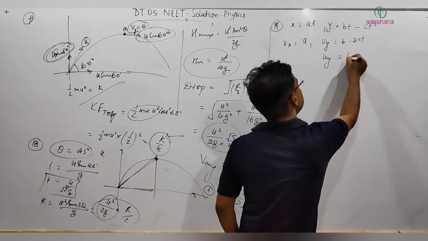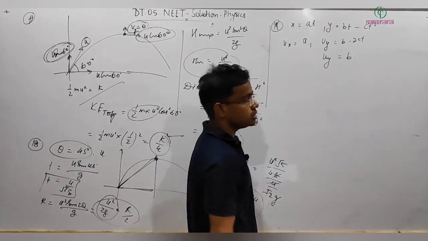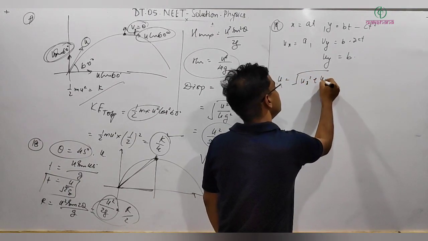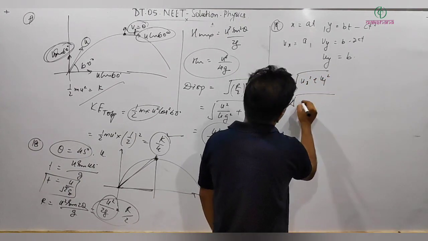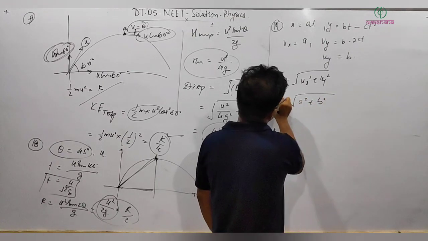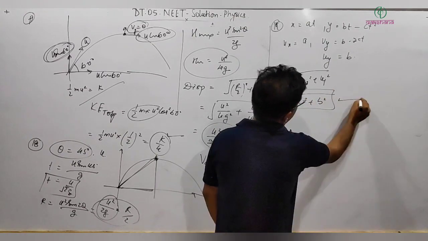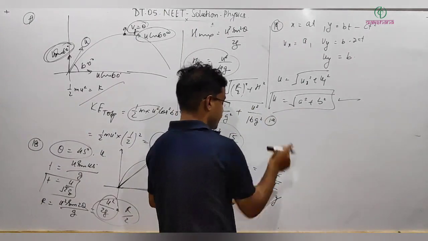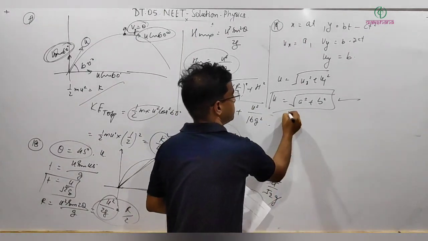So uy will be equal to b because substituting t is equal to 0. So then initial speed is equal to under root ux square plus uy square, that's coming out to be under root a square plus b square. This is initial speed. That's the answer to question number 19, that is matching with option 1.